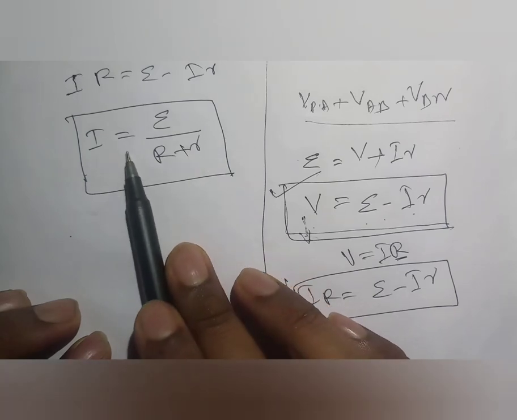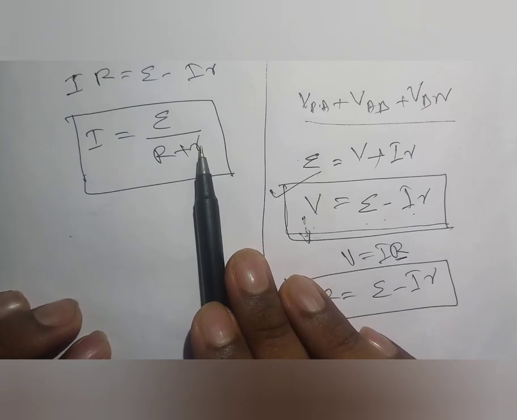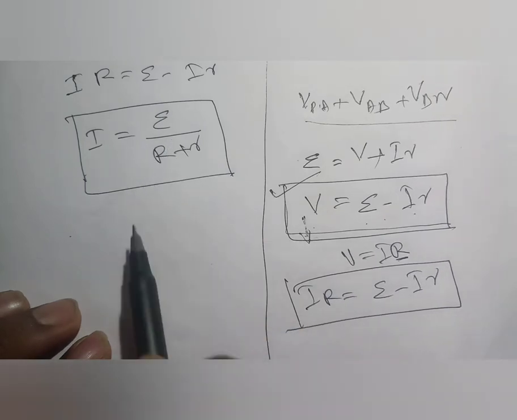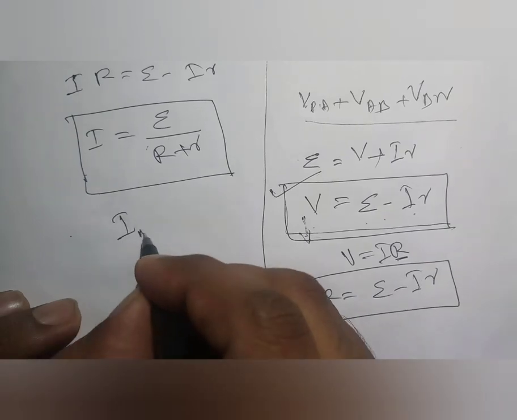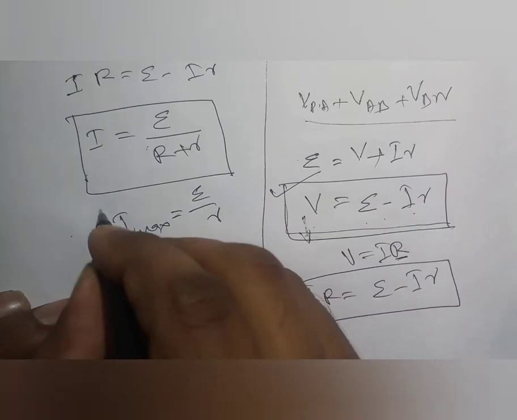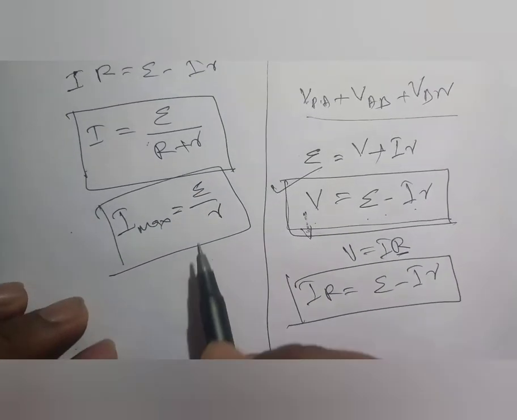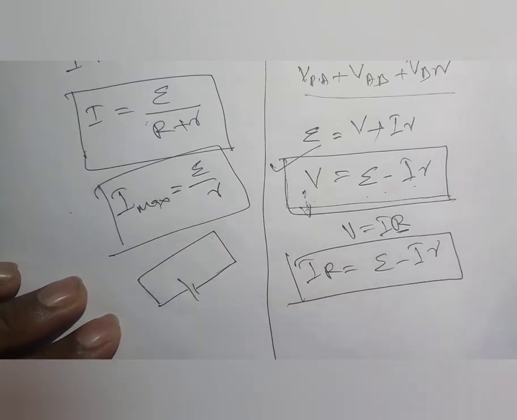From this equation itself, we can see when we can draw the maximum current: if this external resistance is 0. So if this resistance is 0, what you will get? The maximum current, I max, is equal to E by r. That is, only internal resistance will come. But we will not use it like this. You are taking the cell and directly connecting it without any external resistance.